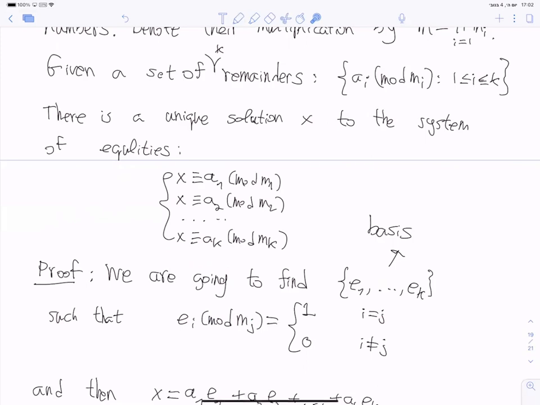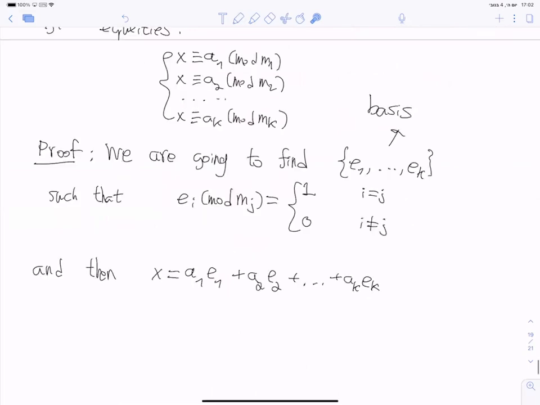The construction of the basis has nothing to do with the remainders. It only has to do with the numbers, which are co-prime. And once you establish such a basis, then using the remainders, you take A1 times E1 and so on, and this will be X.